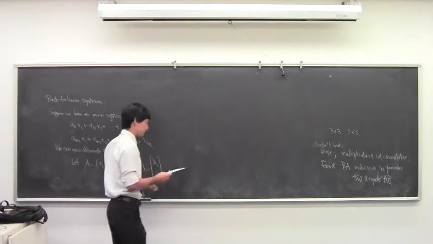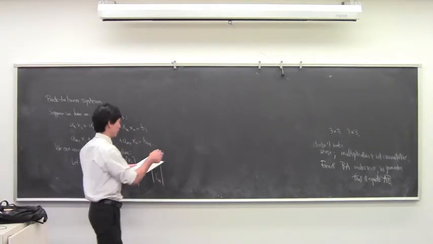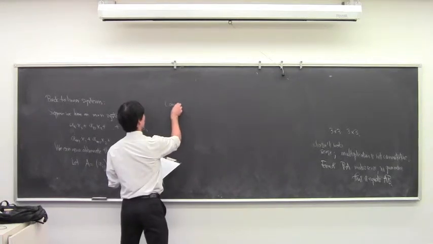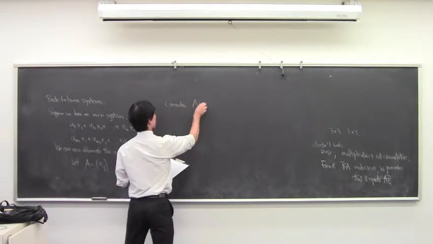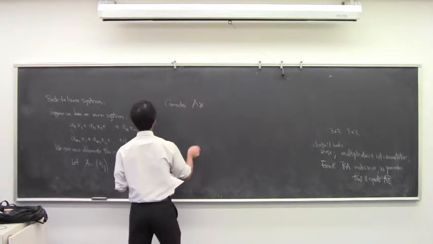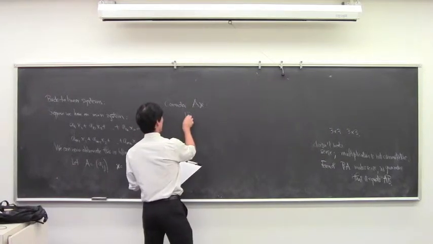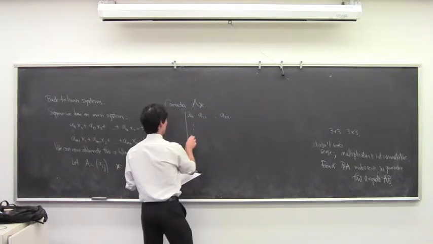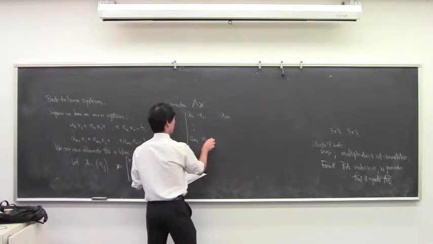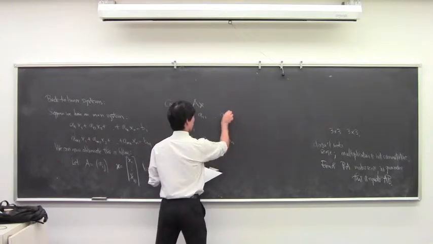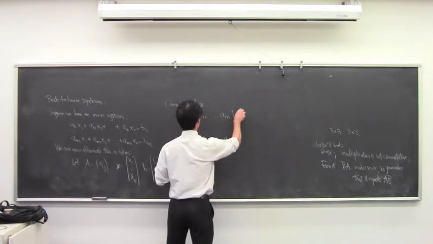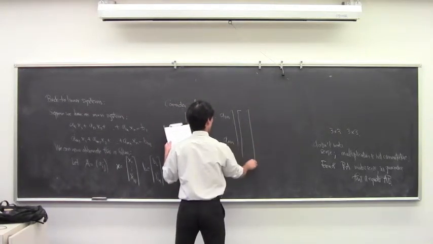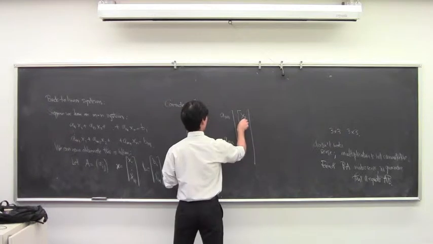Then consider AX. What's AX? It's the matrix with rows a11, a12, through a1n, down to am1, am2, through amn, and I'm going to multiply X by that.